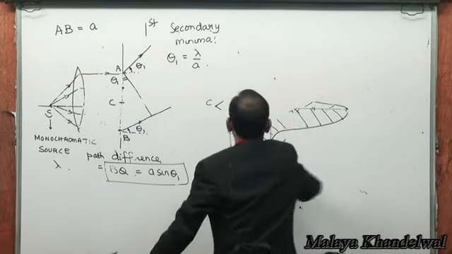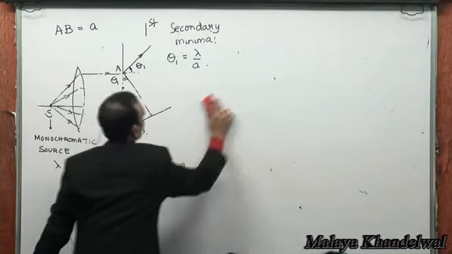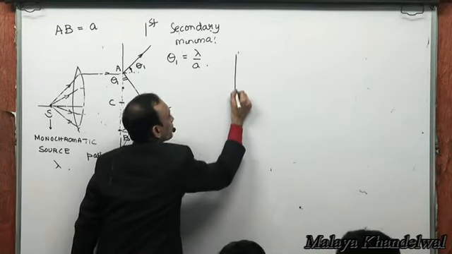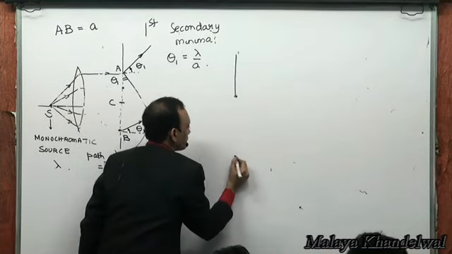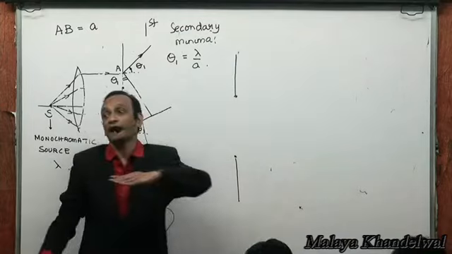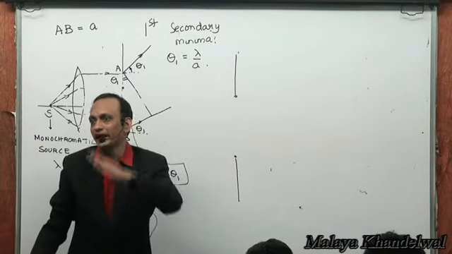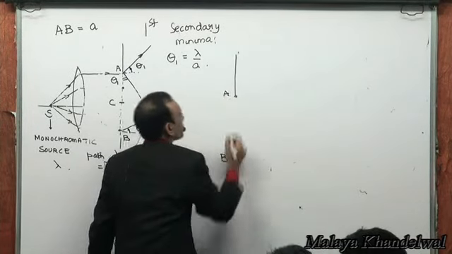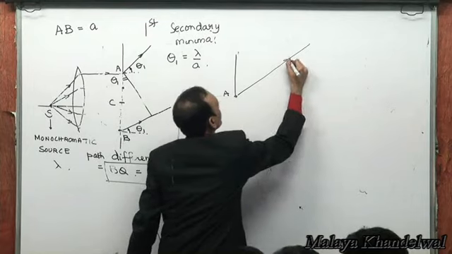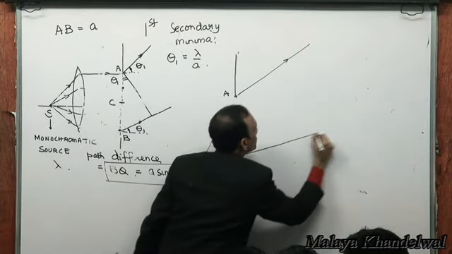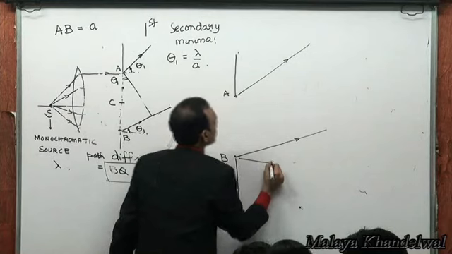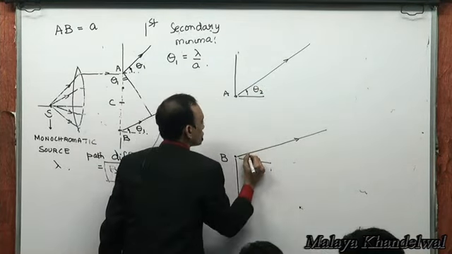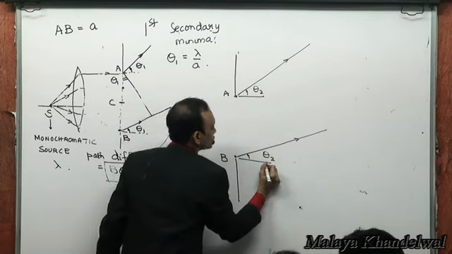Let me now look at a case of a diffracted beam at an angle theta 2. Between A and B, the endpoints of this aperture, this is theta 2.